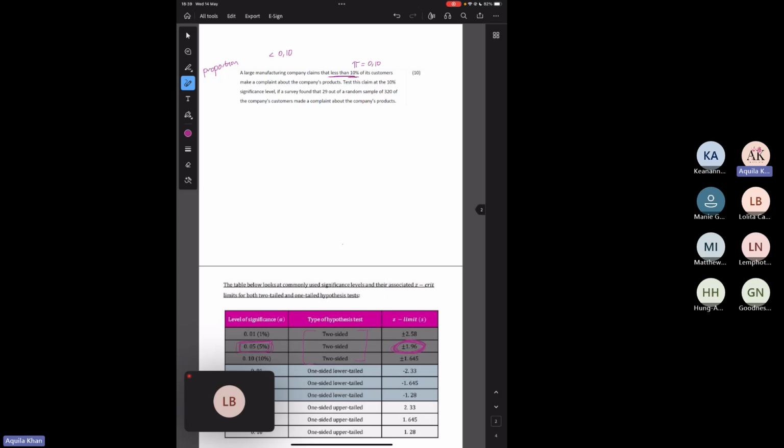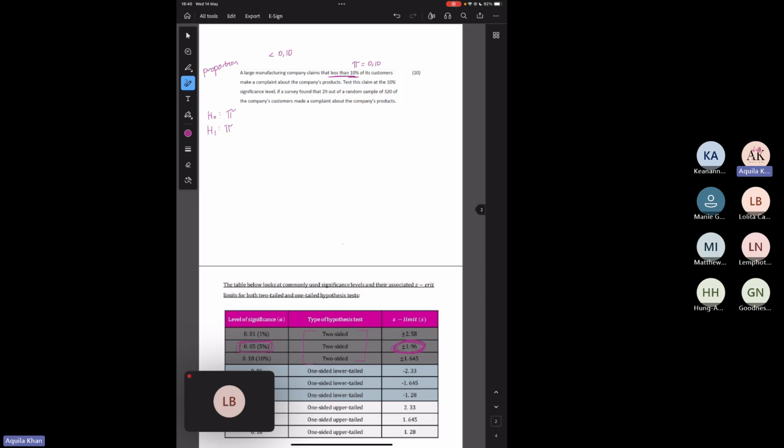Now, I want to read the rest of it, but before we read more information and get more confused, let's write out the null and alternate hypotheses, which is step 1. Remember, for a test of proportion, it will always say pi in your null and alternate hypotheses.